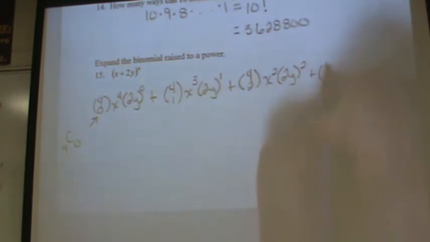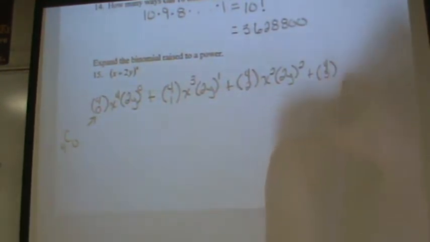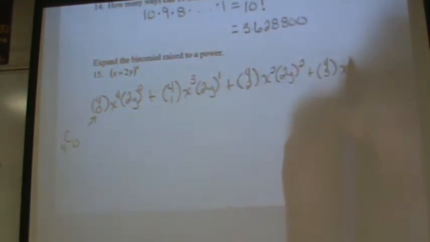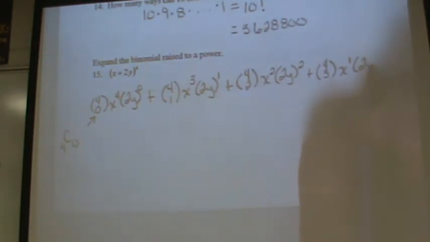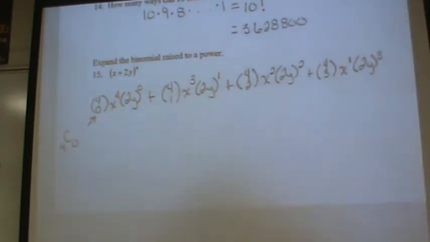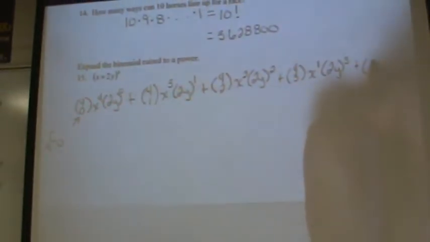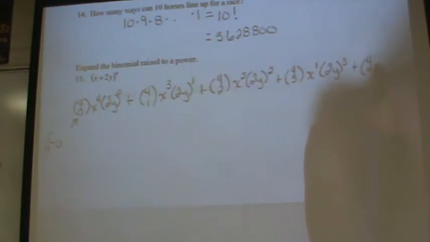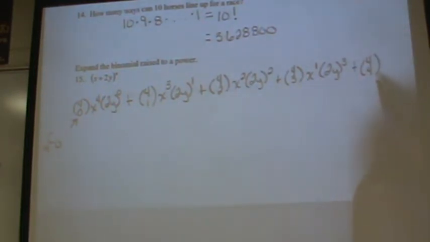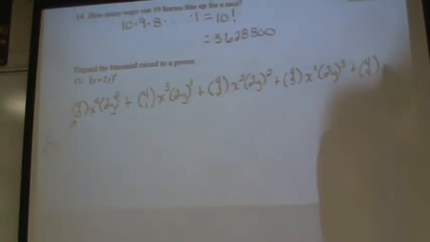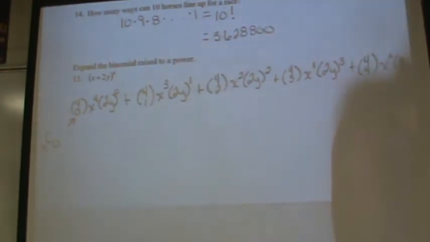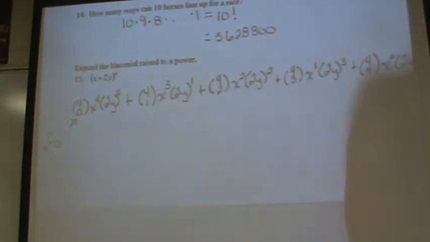Your next combination is 4 and 3. X to the 1st, 2y cubed. And our last term, the coefficient for the combination is 4 with a 4. X to the 0, 2y to the 4th.